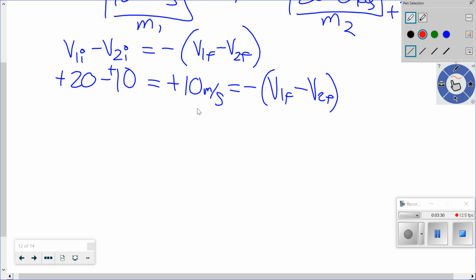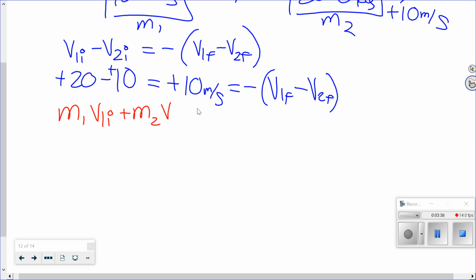So I should also be able to do m1 v1 initial plus m2 v2 initial, the total momentum, has to be conserved: m1 v1 final plus m2 v2 final. If it's hard to work with these, write down the equation that you're using, even in empty variables at first, on the homework. That will help you become familiar with it and use it more deftly.